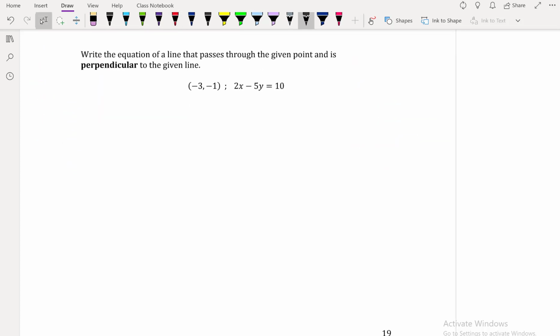We're going to take that same thought process and think about how to write the equation of a line that passes through the given point and is perpendicular. So here, if something is perpendicular, it has to fit two criteria, right? One, it has to be the reciprocal slope. And the second is that it has to have opposite signs.